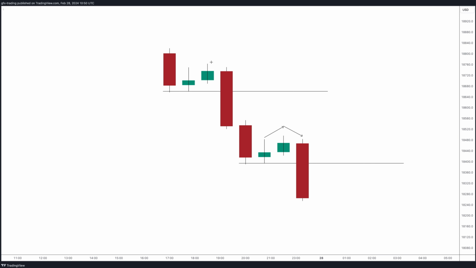We're creating higher highs as we go, but then the next candle, okay, this one here, is creating a lower high. So this wick doesn't pass the previous high. If we're anticipating the next market move, what we're going to do in order to get into this trade at the best possible price?